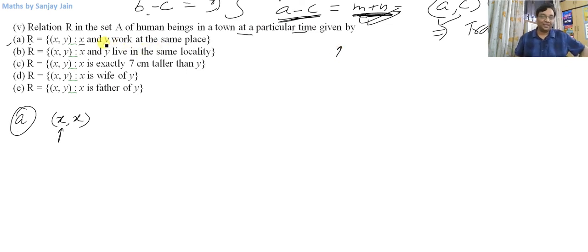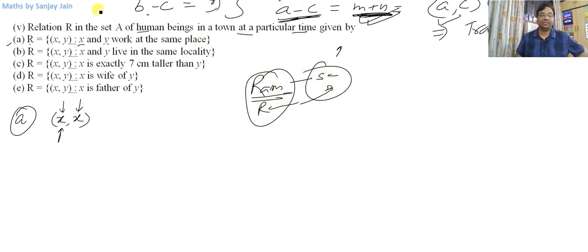So everybody is working at the same place. If I take Ram as one of the human beings present, then Ram works at the same place and Ram also works at the same place. It is the same person and they work at the same place. I hope you understand this.